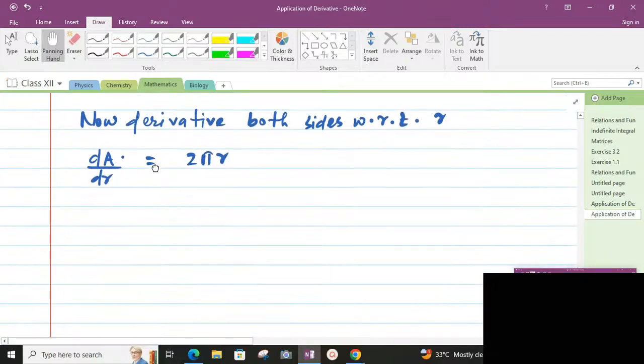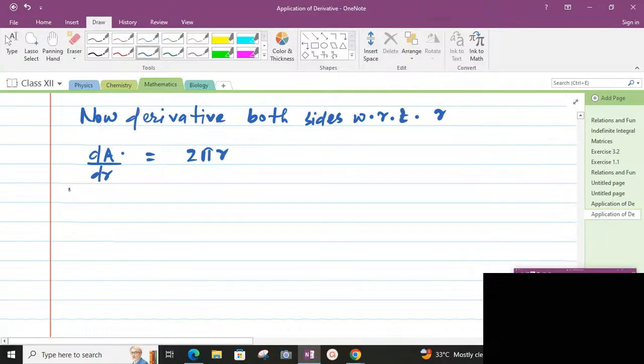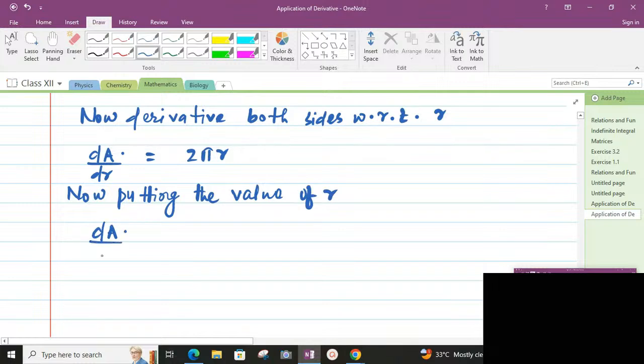Now putting the value of r, therefore in the left hand side dA by dr equal to 2 pi into 4 equal to 8 pi meter square per meter. This is the answer. Is there any problem in understanding the solution of part b of question number 1?